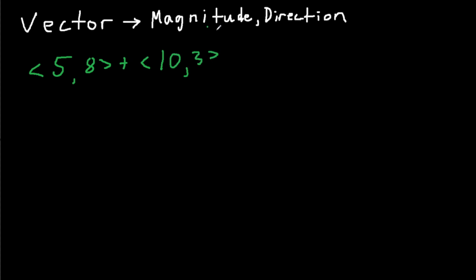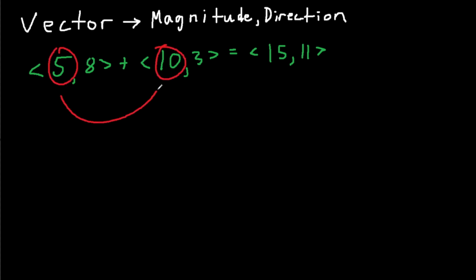You can actually add these two, and this will equal 15, 11. And how I got 15 was I added the x components of the vector together to get 15. And I also added the y components together to get the 11 here.